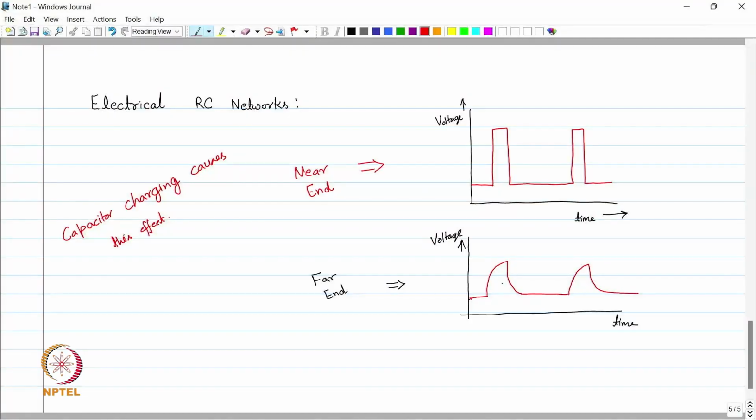So this charging and discharging takes time, and when we apply a fast transient, the system does not respond immediately to the input. So this is why we have this far end signal which is very much distorted compared to the input signal which we apply.